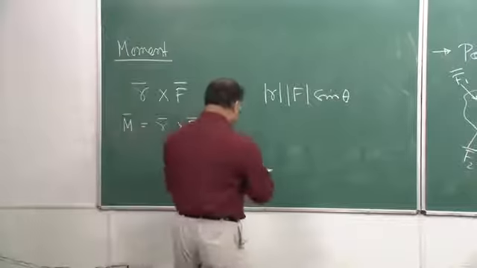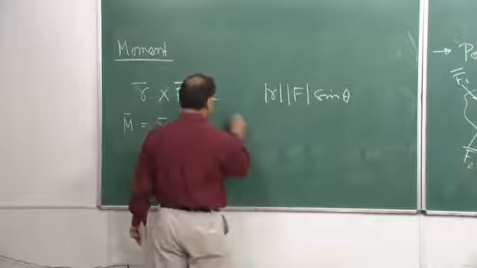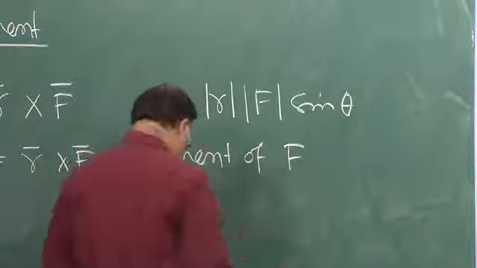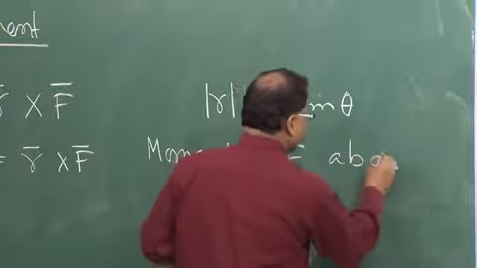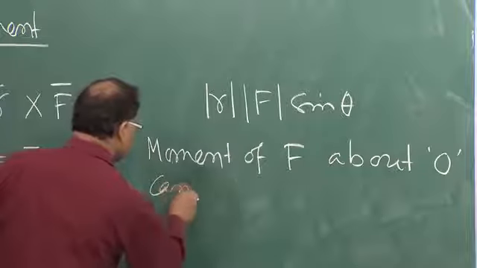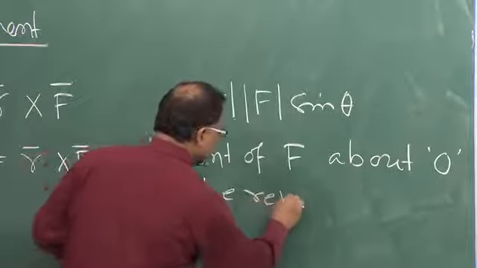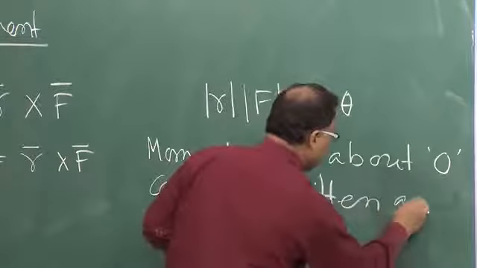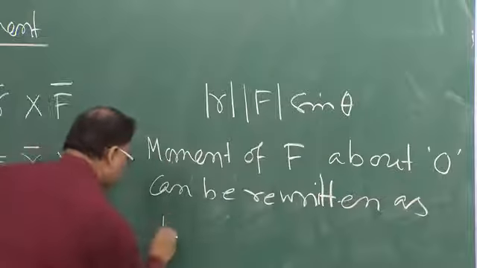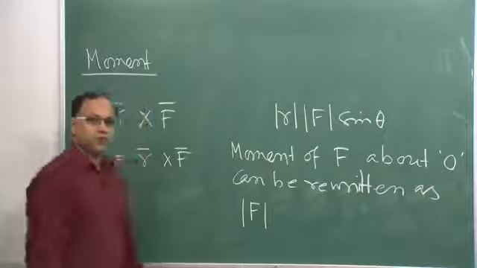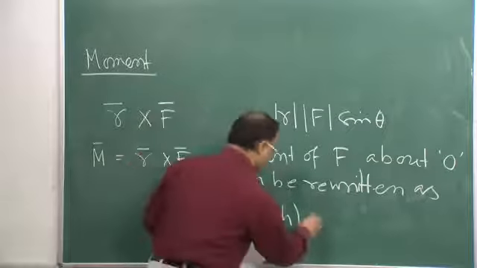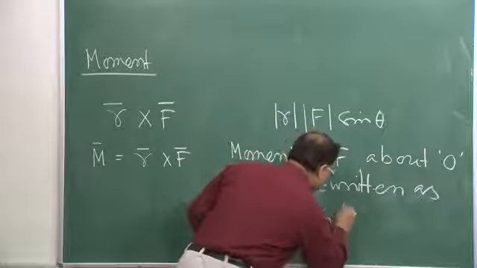Now, what can we get from here? The moment of force F about the fixed point O can be rewritten as force times H times sin pi by 2.